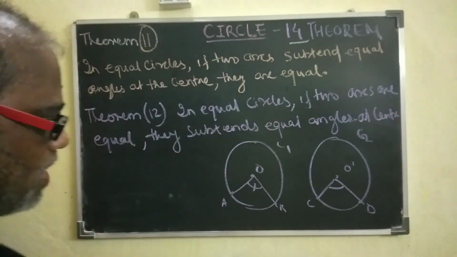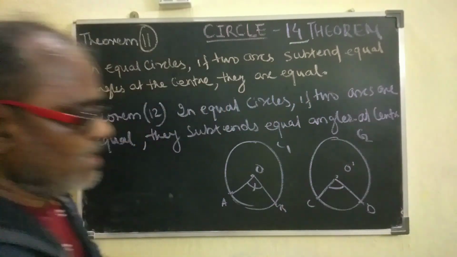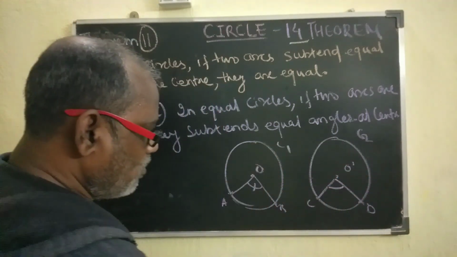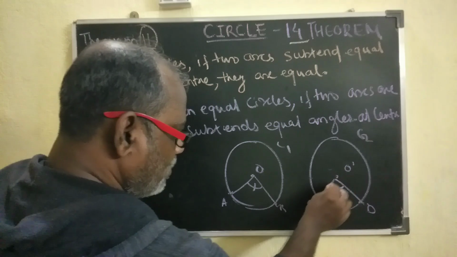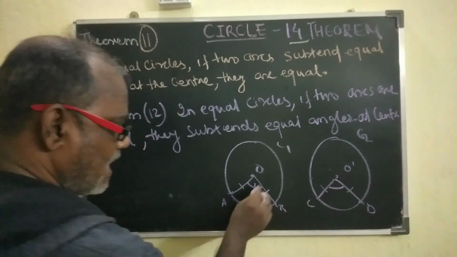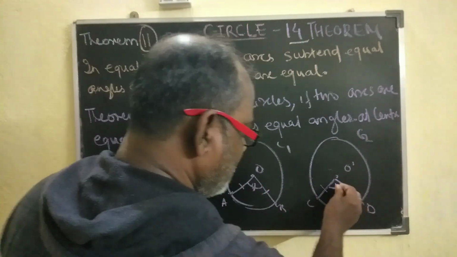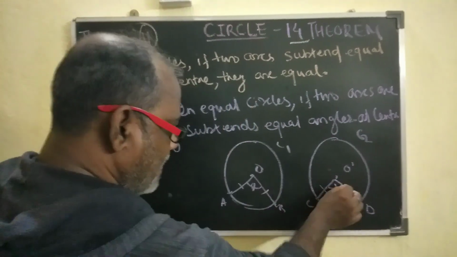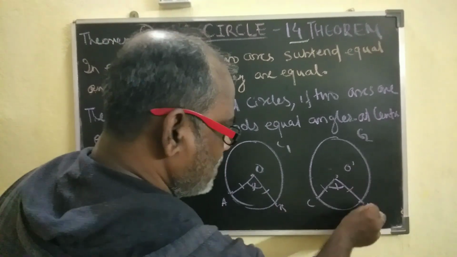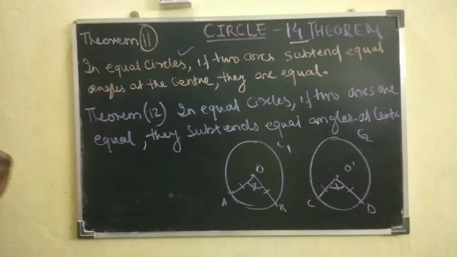We have to show that arc AB equals arc CD. Here what you have to do is, if you place this circle on this, we know that the circles are equal, therefore this radius and this radius are the same, this radius and this radius are the same, and this angle equals this angle. If you place this on this and the angles are the same, we can see that OB coincides with O dash D. Hence the first theorem gets proved.